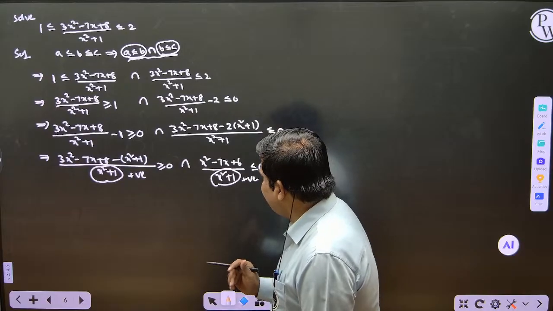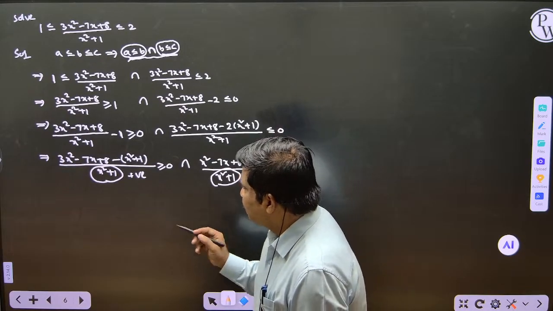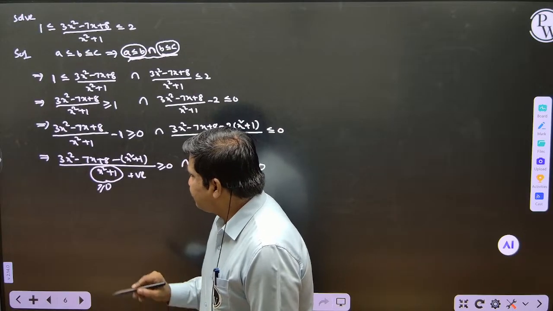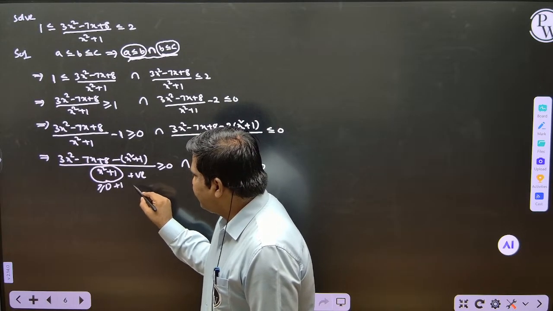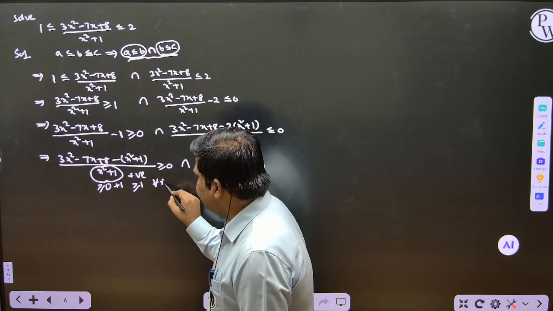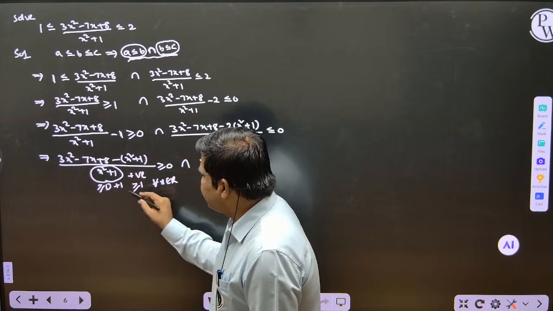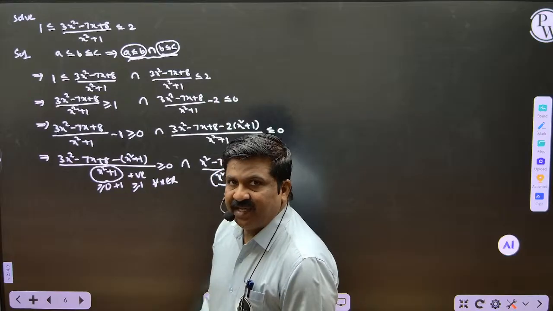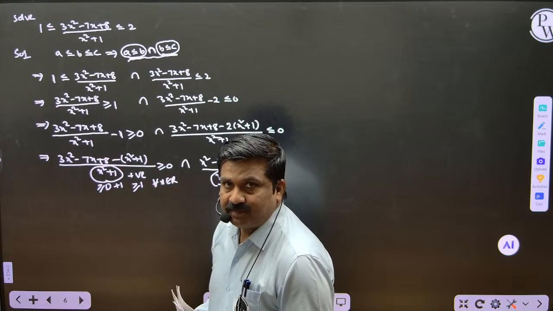So that's why x² is always greater than or equal to 0, plus 1 gives greater than or equal to 1 for all x belongs to R. So that means it is positive. When it is positive, we can strictly eliminate it, or not. Why?